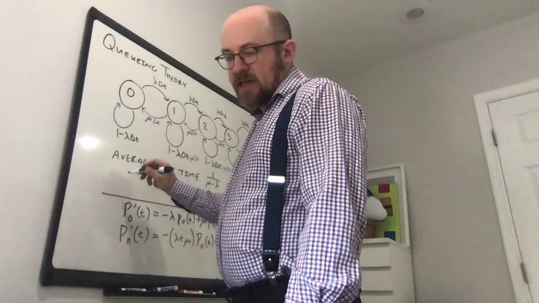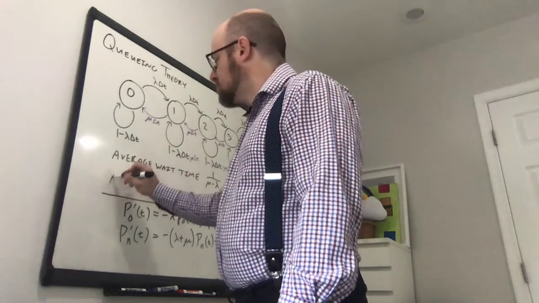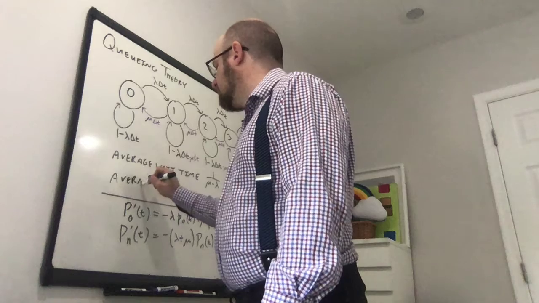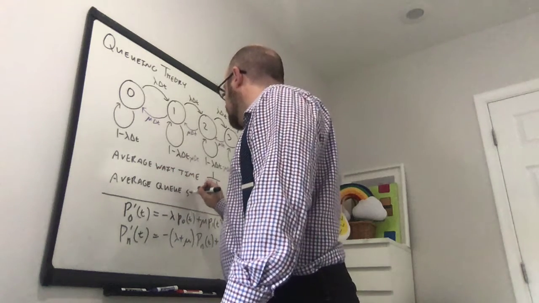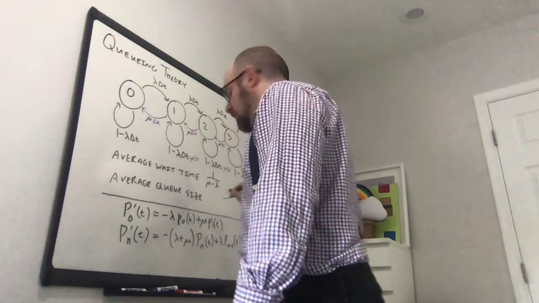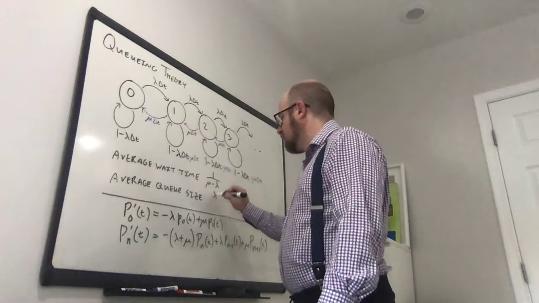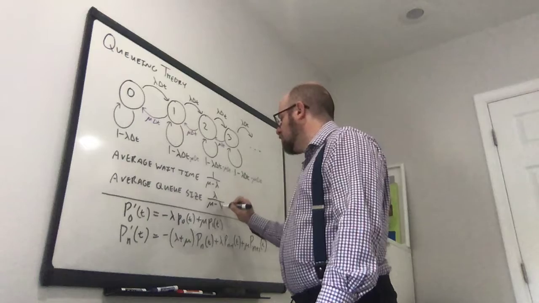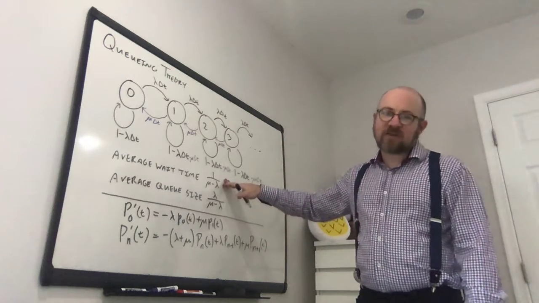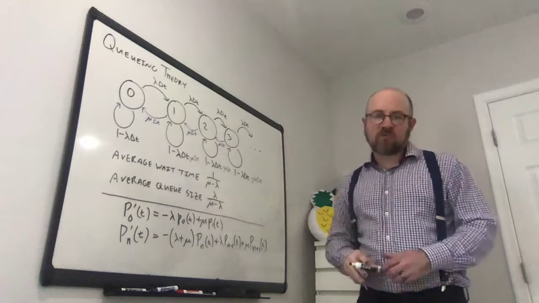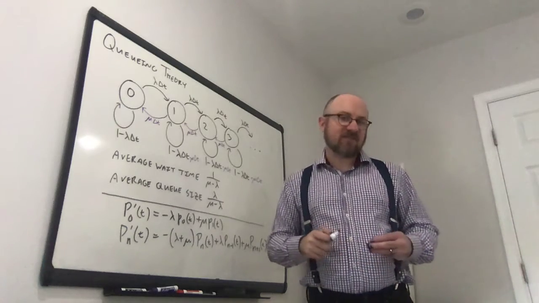And then the average queue size, so the average number of people in line, is going to be lambda times that. So lambda over mu minus lambda. Okay, so 1 over mu minus lambda is the average amount of time somebody waits. Lambda over mu minus lambda is the average size of the queue.